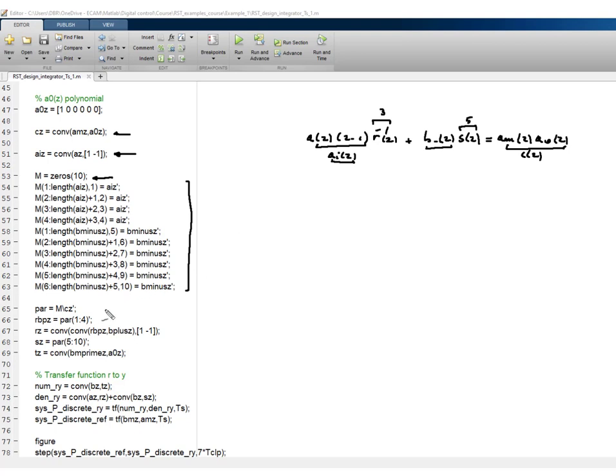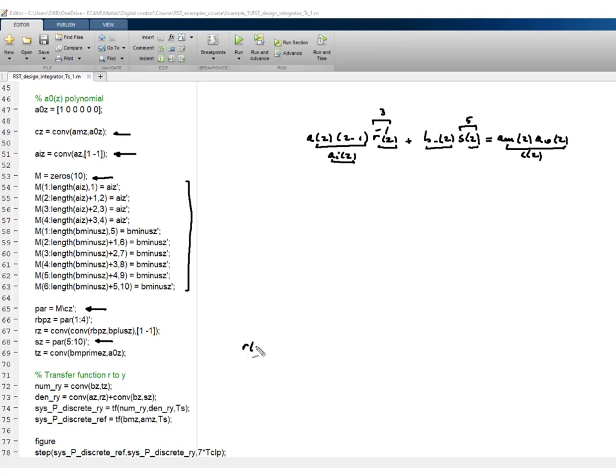So this is how we obtain the parameters. I'm not going to go into the details, and the 4 first parameters are related to R bar prime, and the 6 last parameters, because it's 5 plus 1, are related to S. S you obtain directly from the Diophantine equation.